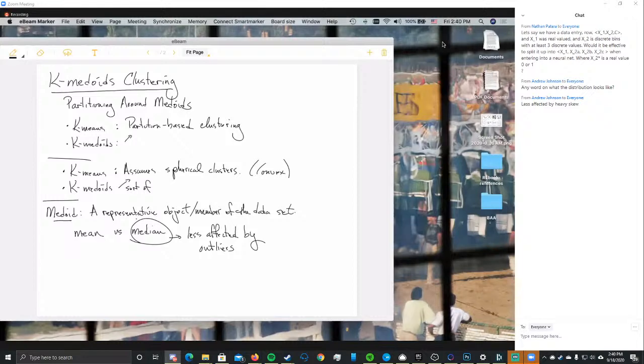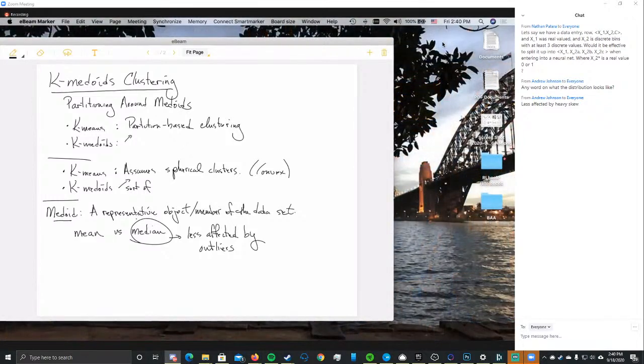Okay, now, to do this, what I want to do is I want to talk about objective functions. What are objective functions? They are functions that we are trying to optimize. And when we talk about clustering, there are a number of different objective functions that we could apply.